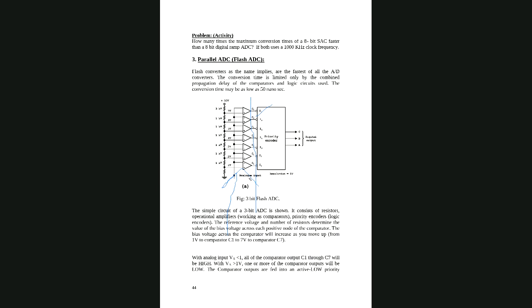And if the voltage at the negative terminal is more than the voltage at the positive terminal, the comparator output equals 0. Clear? This formula I will keep, and now I will show you the table. Look at this table.